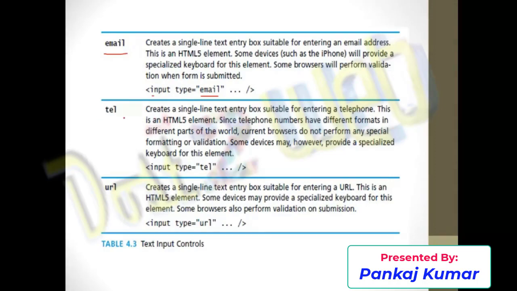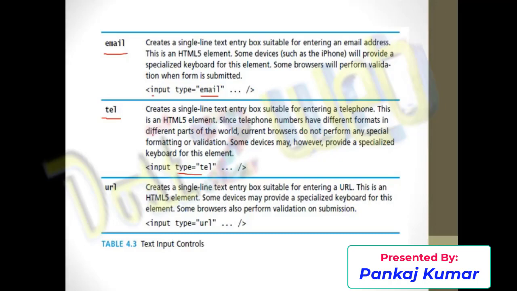Next, if you want a telephone number, mobile number, then you can use this also. This is also an HTML5 element, and the same way type is equal to telephone. The telephone number has different formats. Again, you have to define in JavaScript how you are going to accept the phone number, like +91, then four numbers, then again 6 numbers, or you want the first 3 numbers, then 4 numbers.